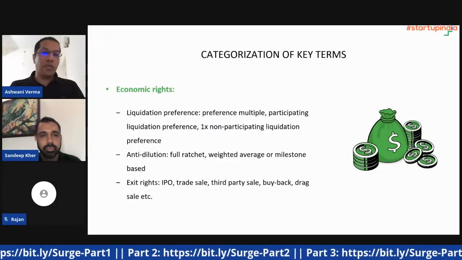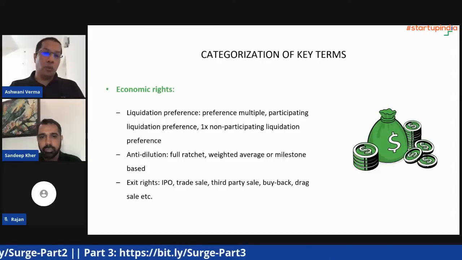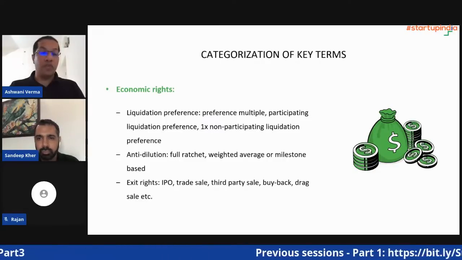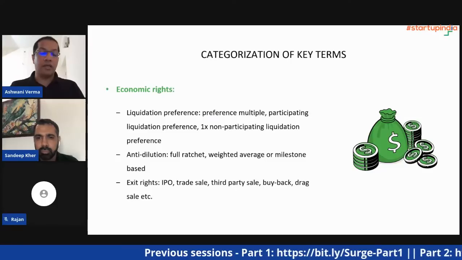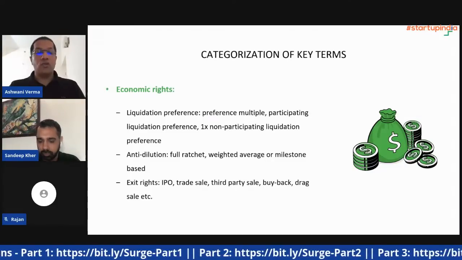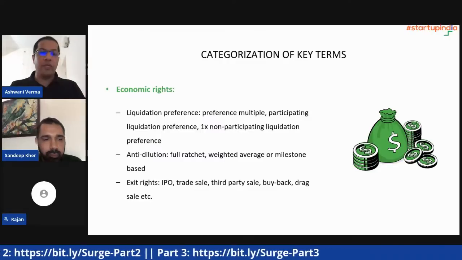This is something very much aligned with the market practice, but there are multiple ways in which this right can be structured, which may or may not work in favor of the founders or other class shareholders. So some of the examples which we have laid down here, the first one is a preference multiple.